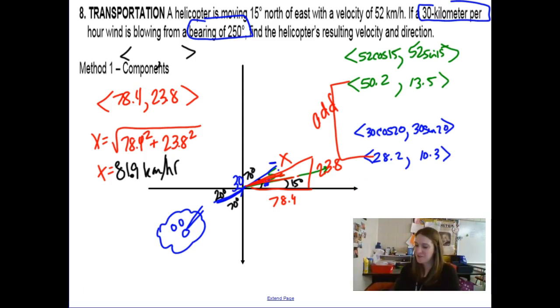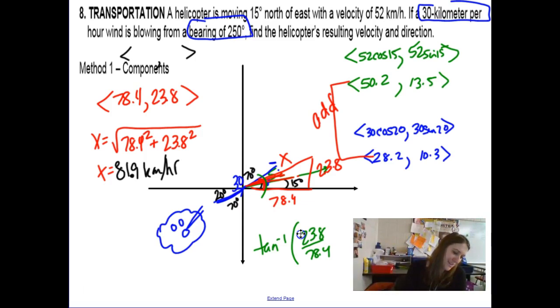All right, so then we have to find our new bearing. Our bearing has changed. That angle in that red triangle, I think we could do a little inverse trig, right? We could find this angle in the red triangle by doing the inverse tan of 23.8 over 78.4. This I haven't typed in yet, so let me try that.